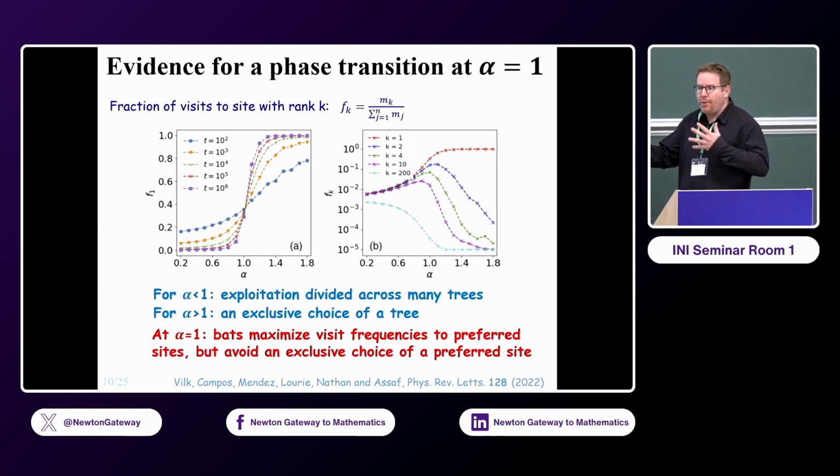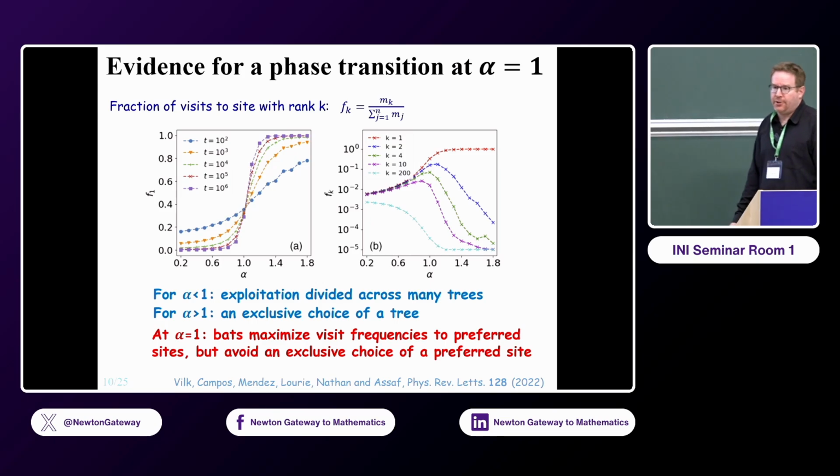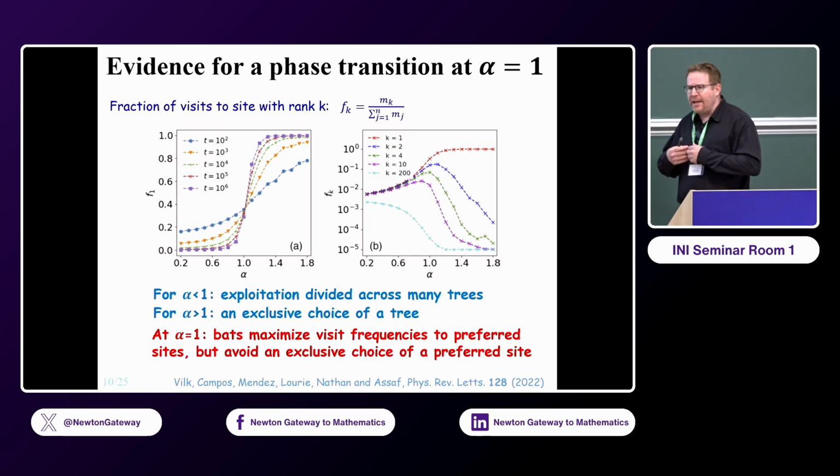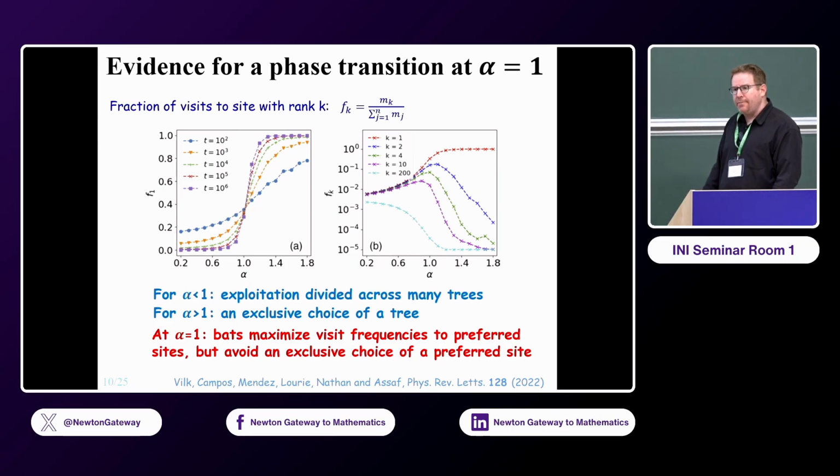And this is probably not very good with respect to energy expenditure. On the other hand, if alpha is greater than 1, then the bats visit only one tree. And this is, of course, not good for risk management. If this tree is depleted, then they need to find another tree, and this may be complicated. So the best way would be to be on the verge of alpha equals 1.